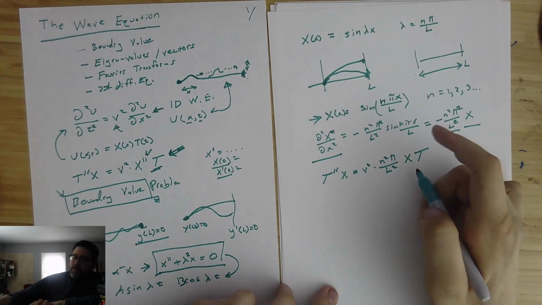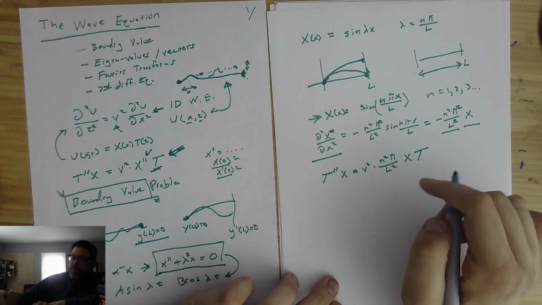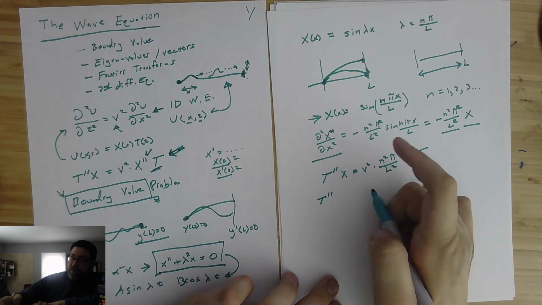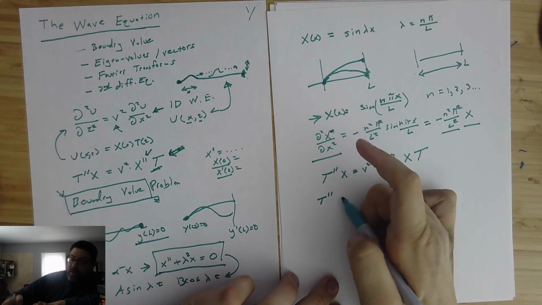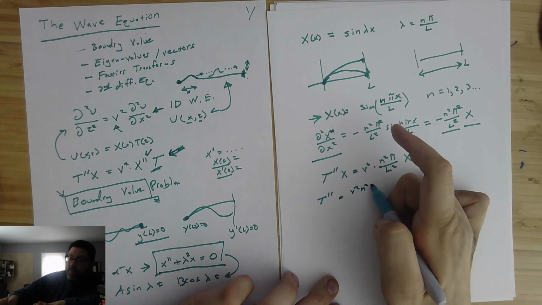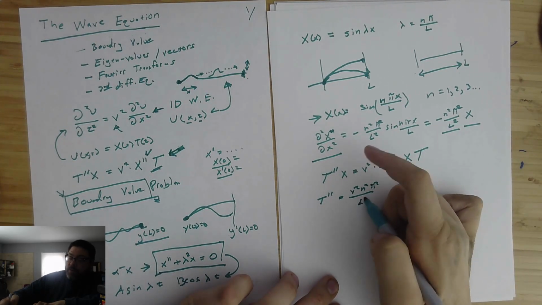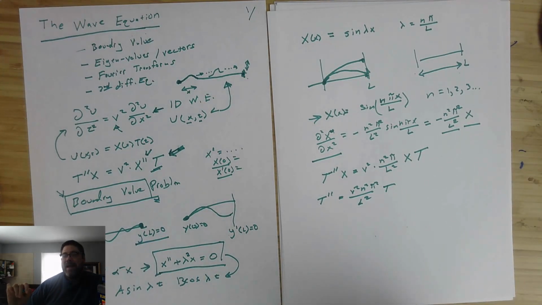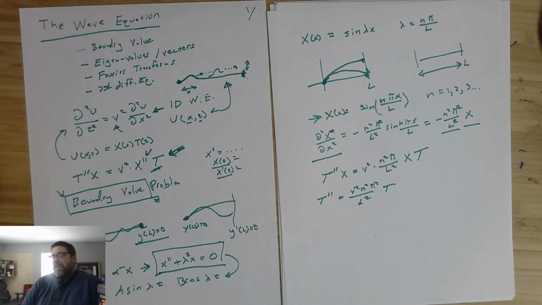This is interesting because now the X part goes away, and I just get the second partial derivative with respect to time is just going to equal v squared n squared pi squared over L squared times T. Well, that's nice because now I have a very symmetric kind of problem.